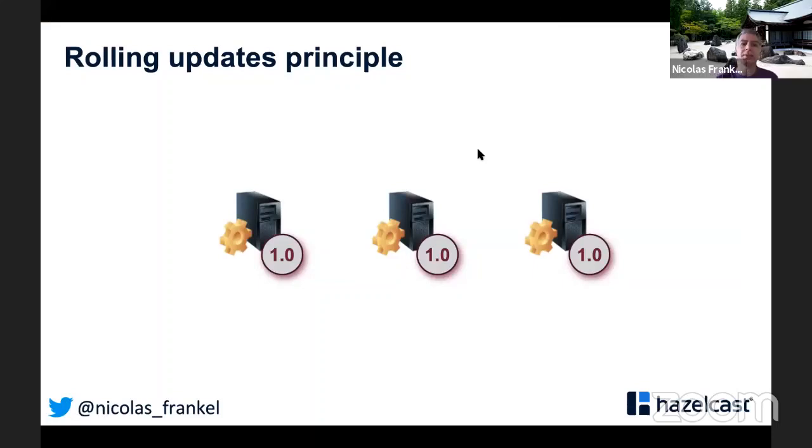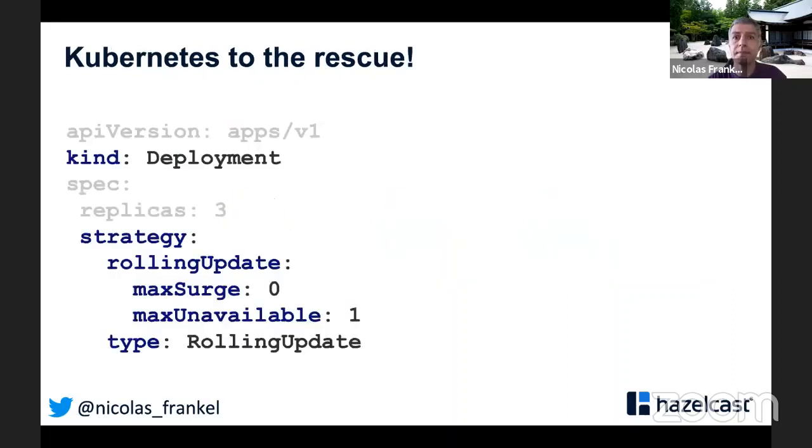So you change node by node the version and everything is fine. And it's very easy to do that. I mean, it's just a matter of using the object deployment and then saying rolling updates, you define the max surge and the max unavailable, and it's done. And so when you deploy a new version, that's how it's handled.